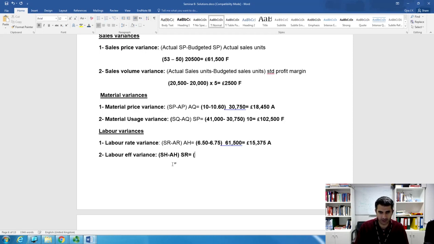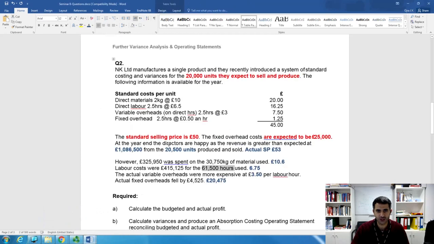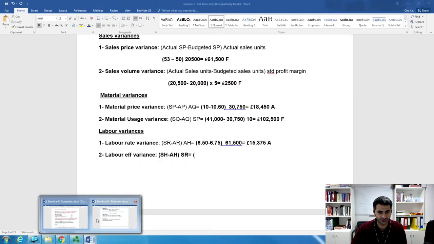In terms of standard hours, it's the same way we calculate standard quantity, if you remember. If you look at the question, you will see that the required time is 2.5 hours, and you need to multiply it by the actual output, which is 2,500 units.